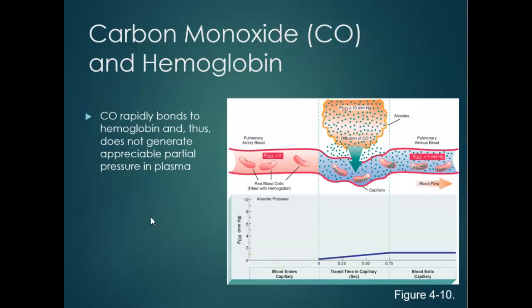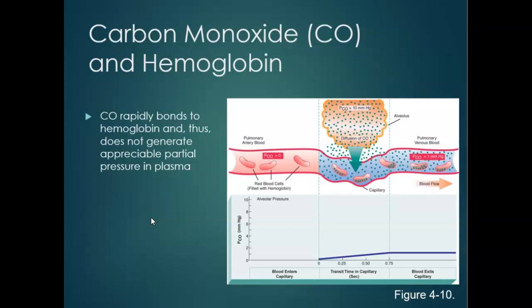So carbon monoxide is a good example of a diffusion limited gas. Carbon monoxide is typically used in pulmonary function labs to give us a picture, or help us diagnose diffusion issues in the body.